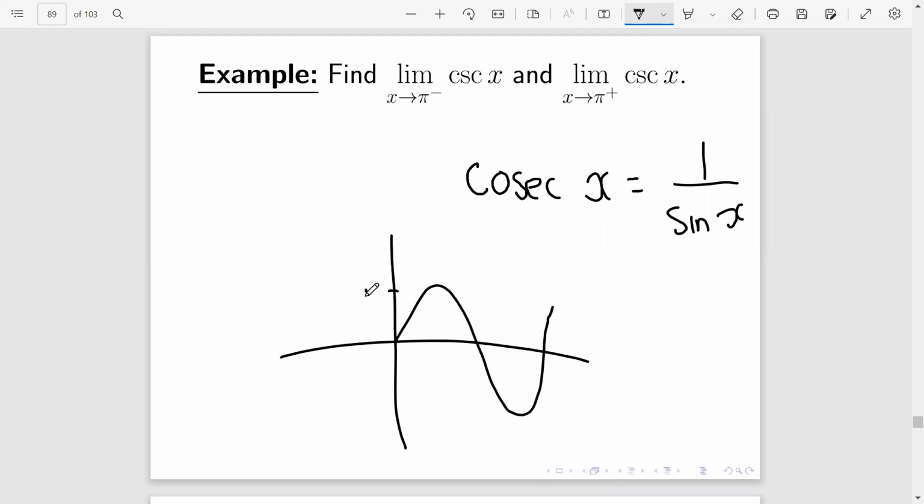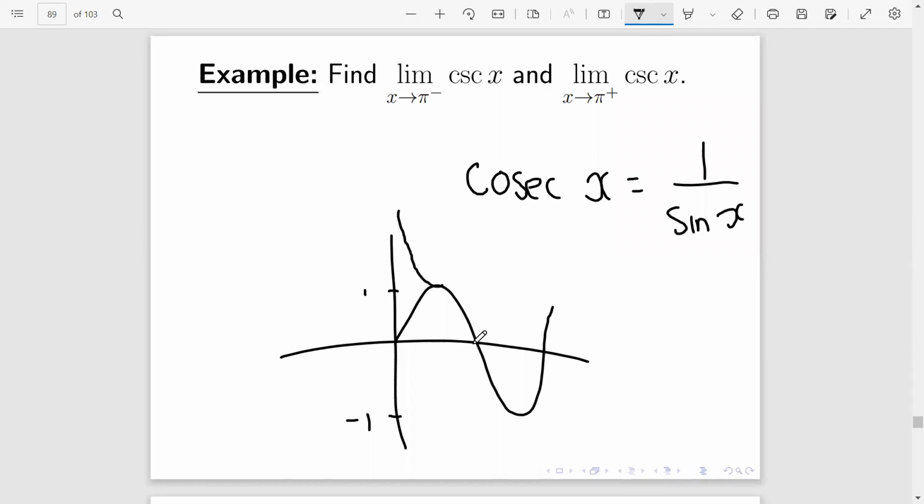It goes between 1 and -1. So for the cosec, when sine is 0, we cannot substitute 0 because we're going to have undefined.